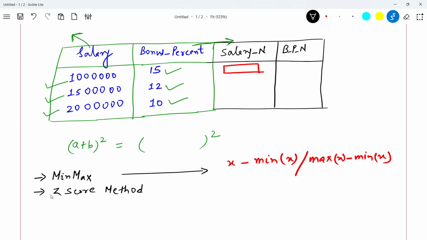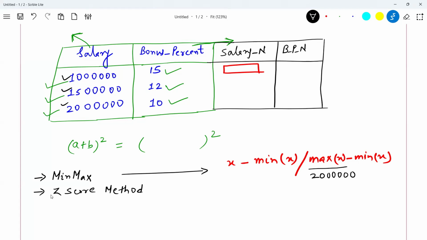So in the denominator, you take max of x. In this scenario, what will be max of x? Out of 10, 15 and 20, what is the maximum? 20, and you can consider 5 zeros here, 20 lakhs I'm saying. 20 and 1, 2, 3, 4, 5 zeros.